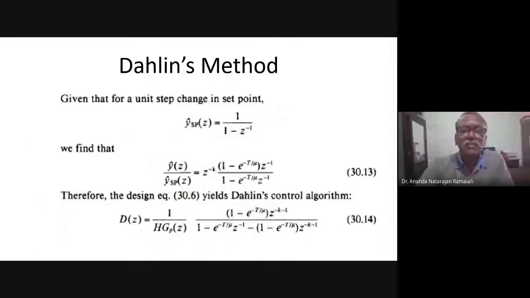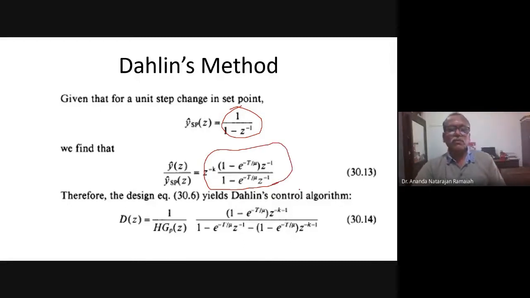We divide this by the previous one, and this term gets cancelled. Therefore, you are getting z power minus k, 1 minus e power minus T by mu, z power minus 1, upon 1 minus e power minus T by mu, z power minus 1. This is the Y(z) by Y set point of z.